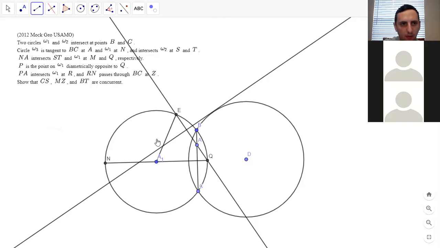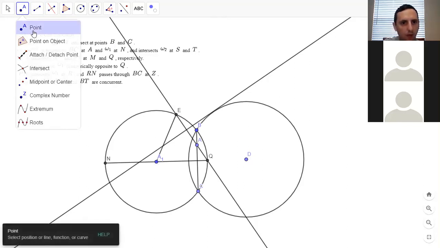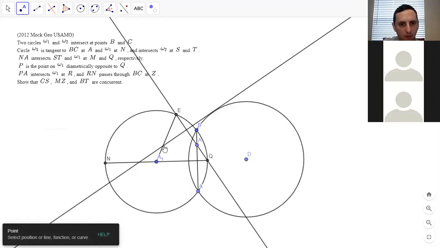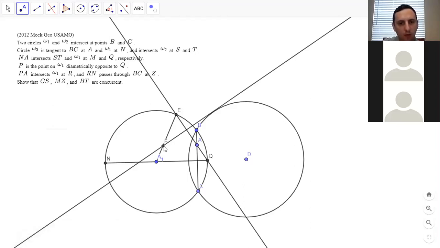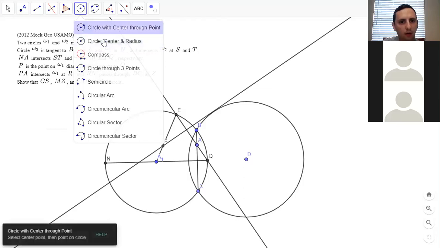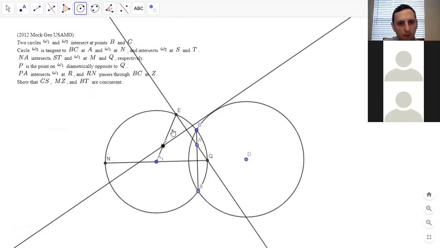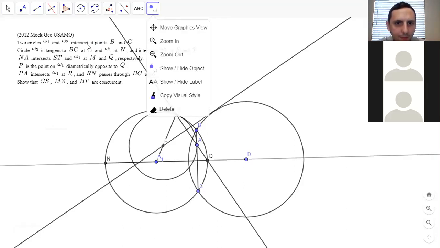So this would be the center of the circle. So AF should be perpendicular to BC then. All right. Okay. Because that makes angle FAB have to be 90, and so that would solve the problem.